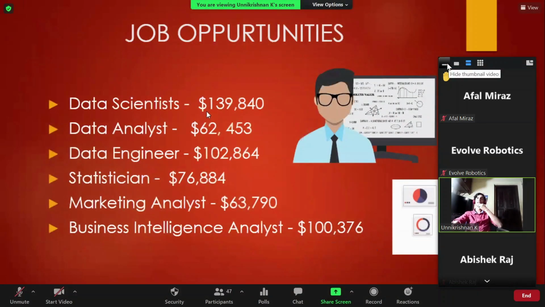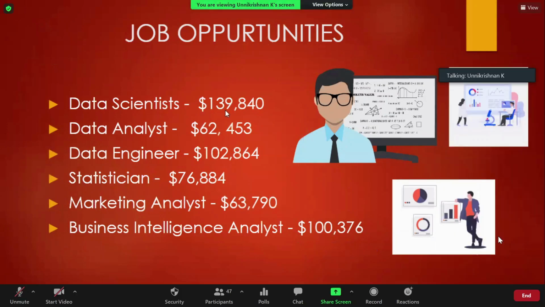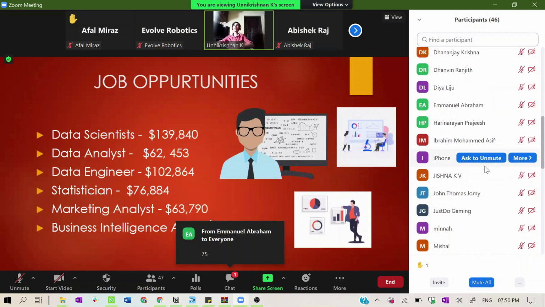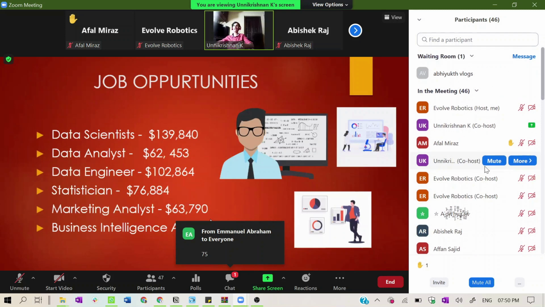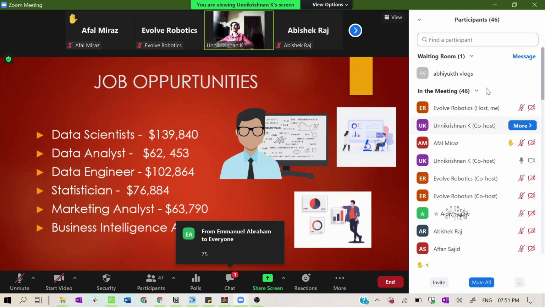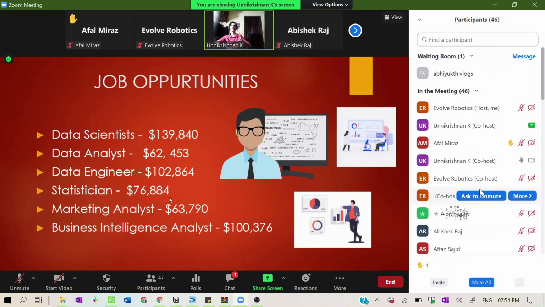But yeah, in US dollars. So I think $1 is about 74 Indian rupees or something like that. So it will reach a high amount, obviously, when we convert it to Indian rupees. So data science is obviously a good job that will fetch you a large amount of money. So data scientist, data analyst, data engineer, all of them do similar kinds of work, but their specializations may vary.